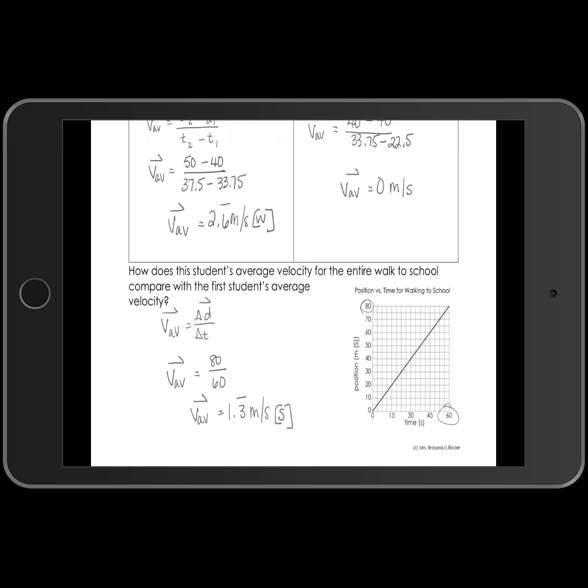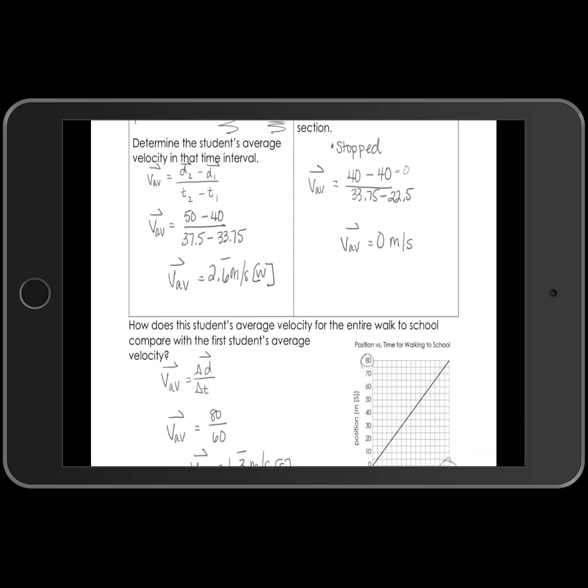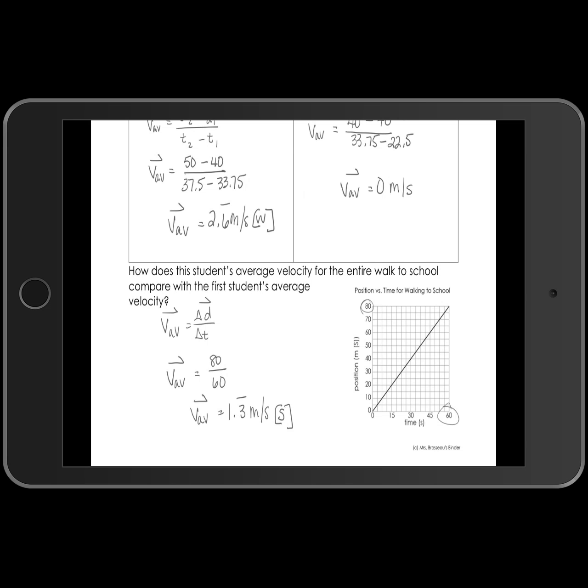Okay, and then the other student also went 80 meters in 60 seconds, but theirs is going to be 1.3 meters per second west.